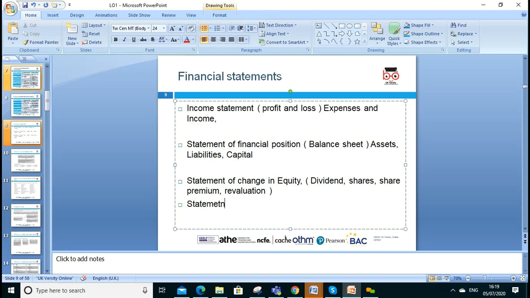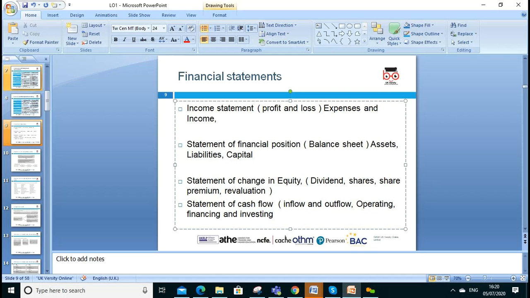And the last statement is the statement of cash flow. It shows the inflow and outflow of cash, how much money comes in. There are three activities: operating activities, financing activities, and investing activities. Cash comes from our normal operations, that's how we generate cash. If we have spare cash, we invest in other companies.